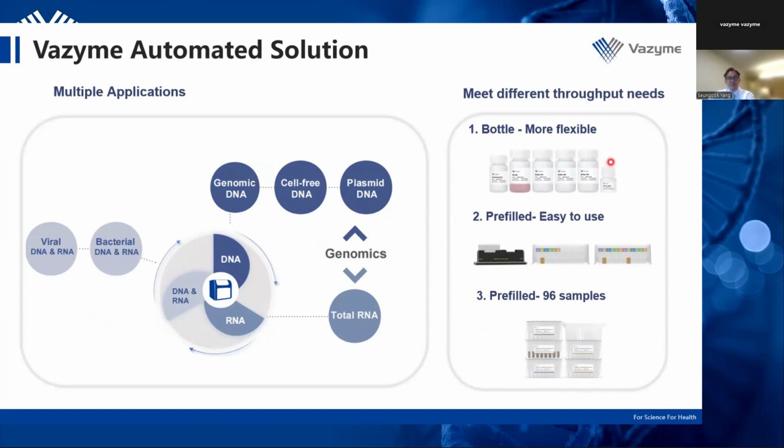For maximum flexibility, we offer bottle type reagents. And for ease of use, we provide pre-filled reagent cartridges. And for high throughput labs, we have pre-filled kits for 96 samples, streamlining the large scale process.